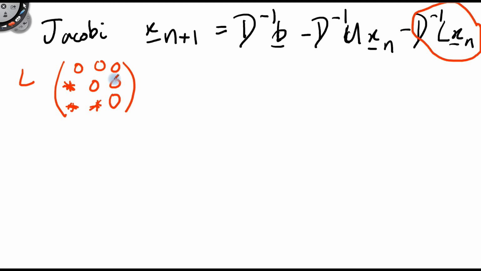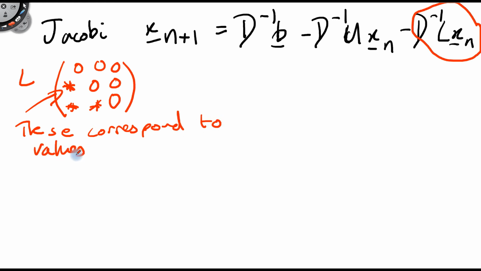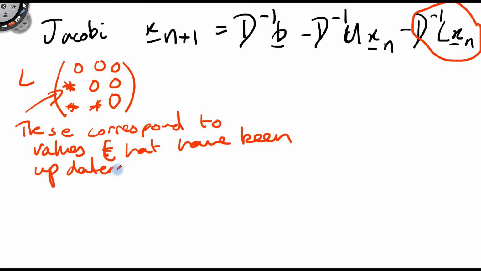And these correspond to values that have been updated from the previous line in Gauss-Seidel.